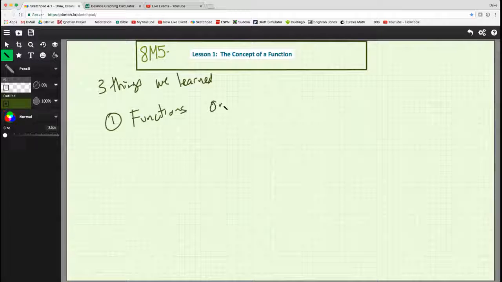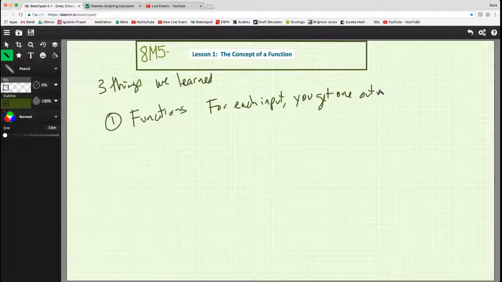You get 1 input, but for each input, you get 1 output.